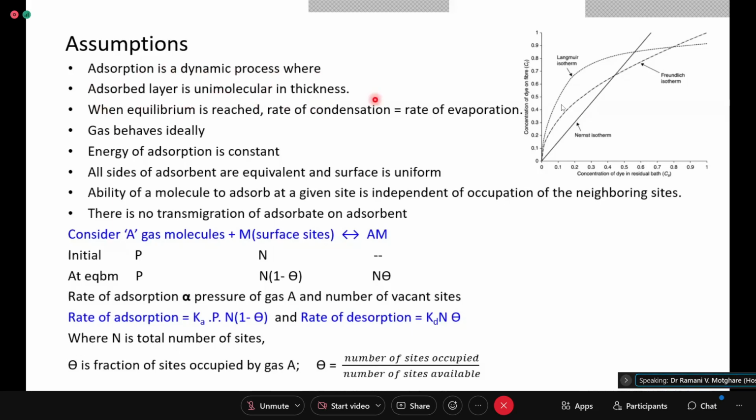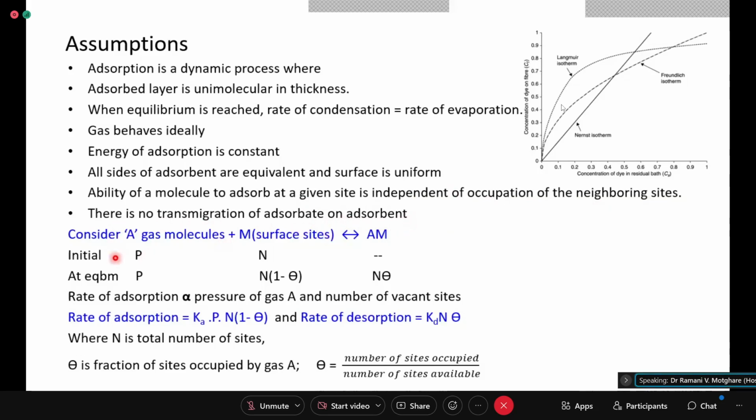When equilibrium is reached, the rate of condensation is equal to the rate of evaporation. Gas behaves ideally. Energy of adsorption is constant. All sites of the adsorbent are equivalent and the surface is uniform. The ability of a molecule to adsorb at a given site is independent of occupation of the neighboring site. There is no transmigration of adsorbate on the adsorbent.